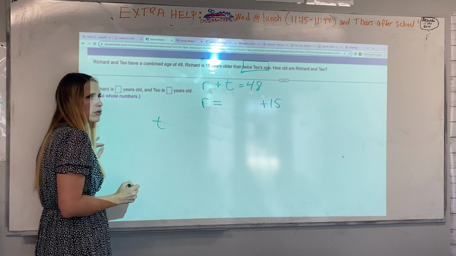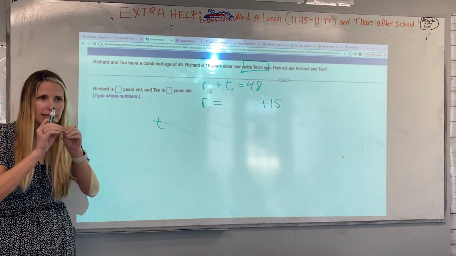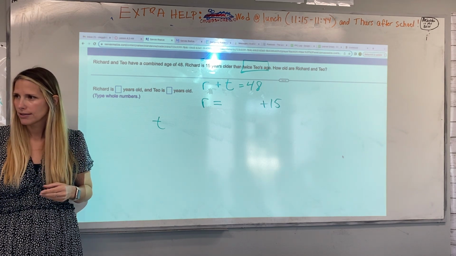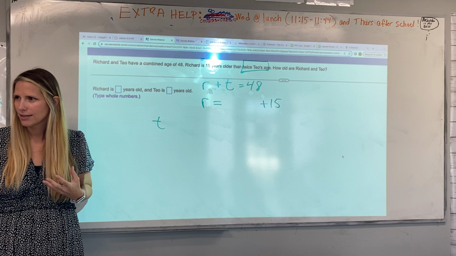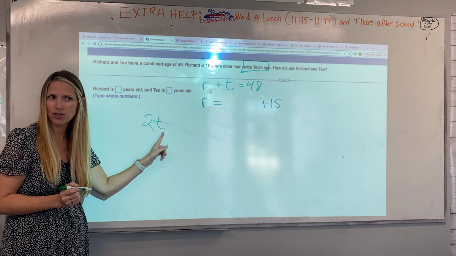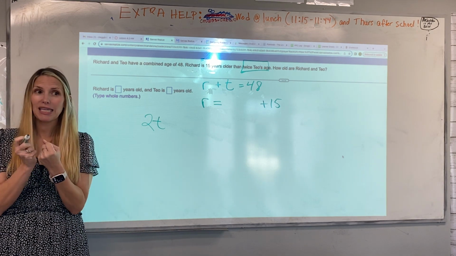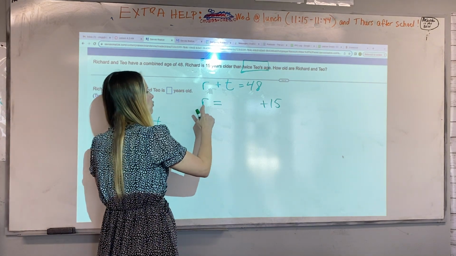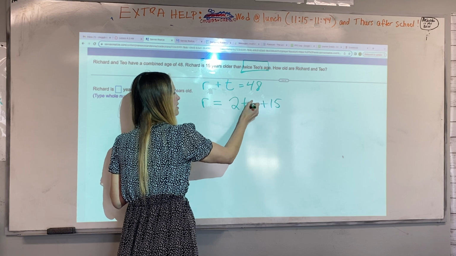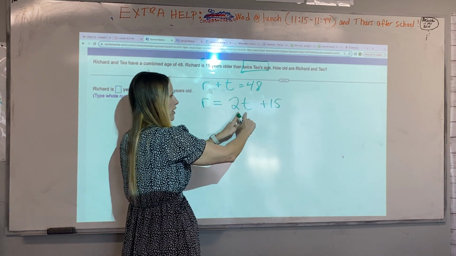T is Teo's age. How do I write an expression that is twice his age? What does twice mean? 2. Yes. So 2 times Teo's age. 2t, that's it. I want you to be able to interpret that. So we have Richard's age equals 2 times Teo's age plus 15, because he's 15 years older than this.